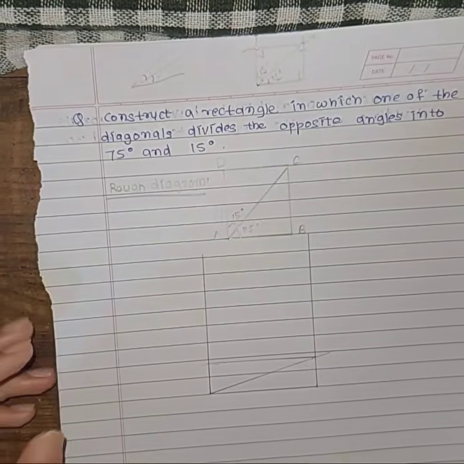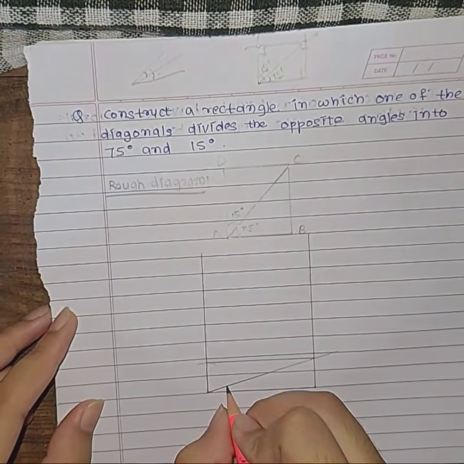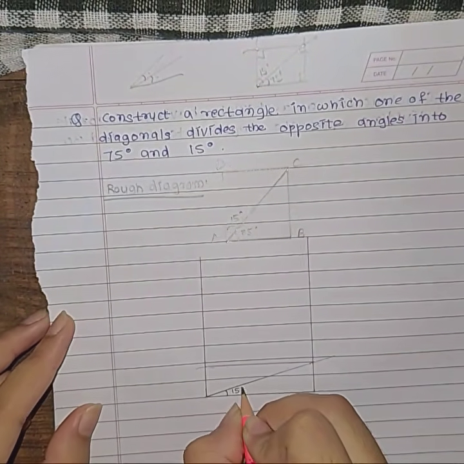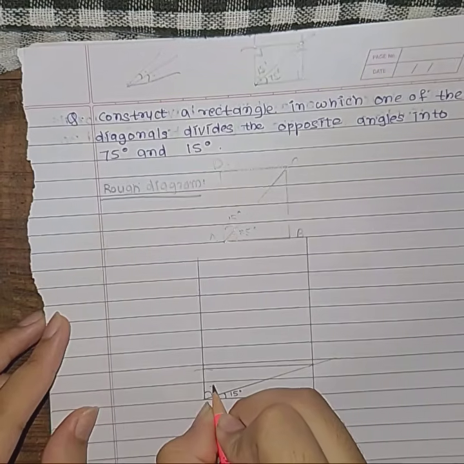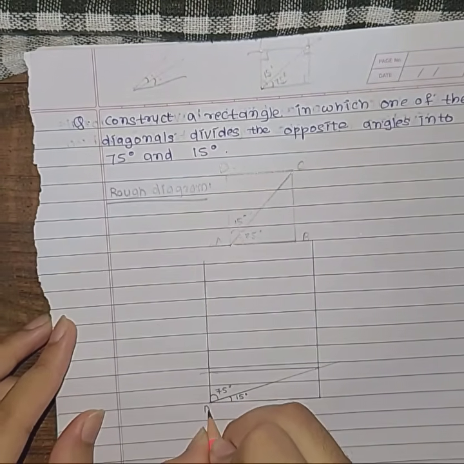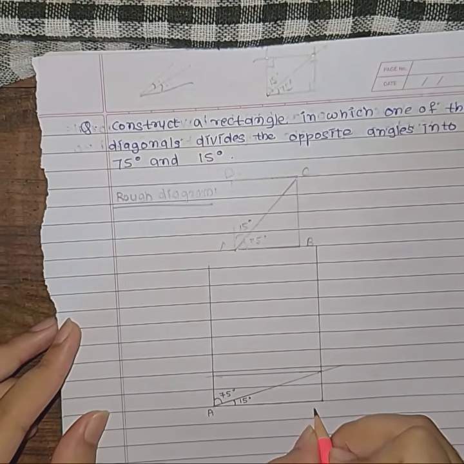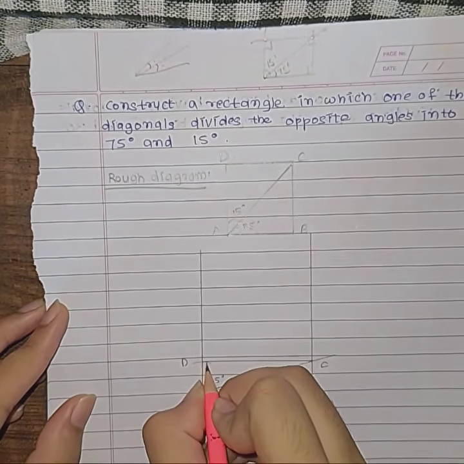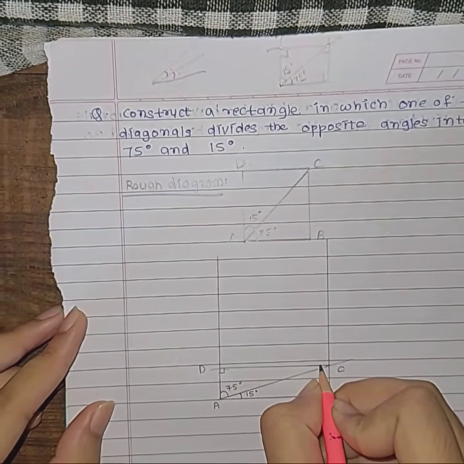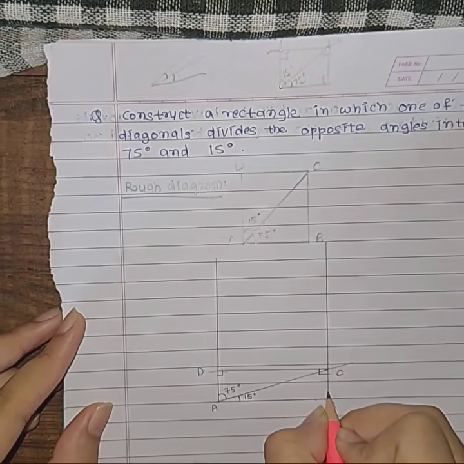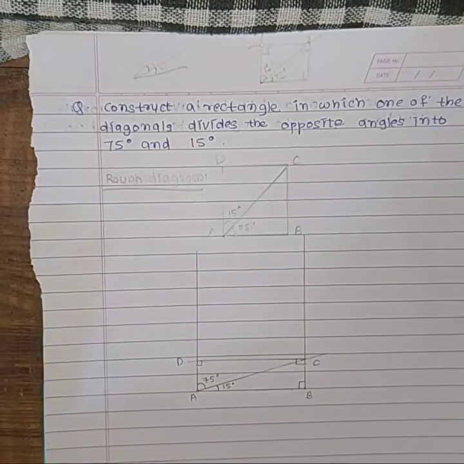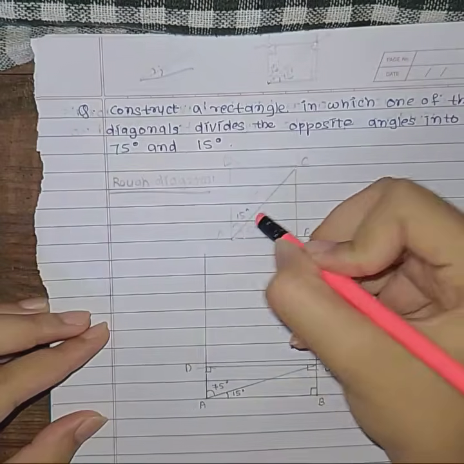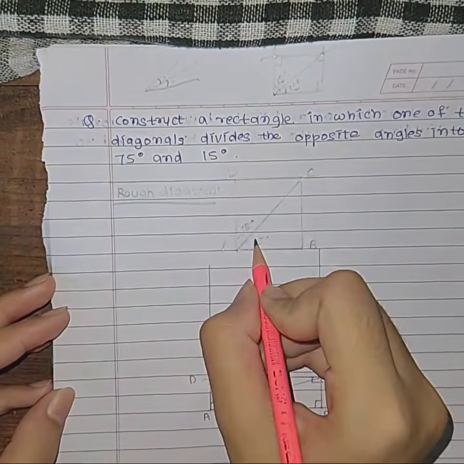Okay, so now this is 15 degree, this is 75 degree. A, B, C, D, and one change over here you have to make in the rough diagram.